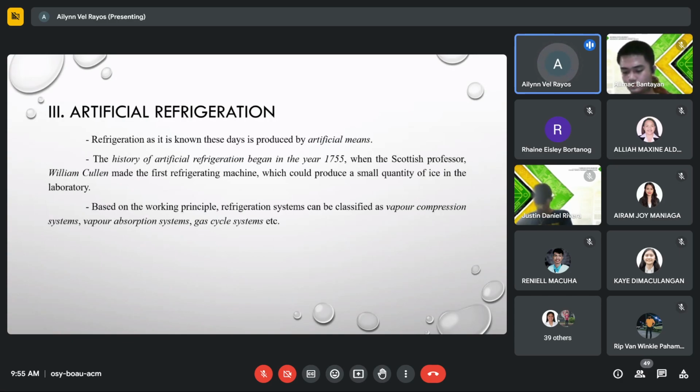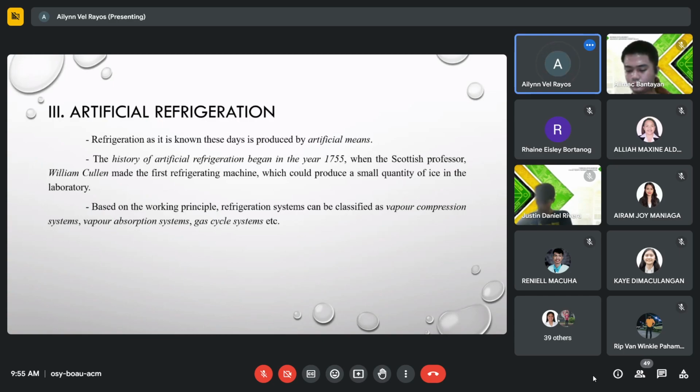Refrigeration, as it is known, is produced by artificial means. Earlier we discussed natural refrigeration systems, which involve natural cooling, and development followed to provide artificial refrigeration.